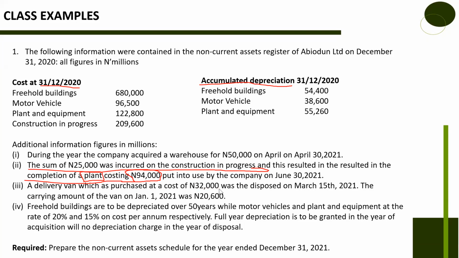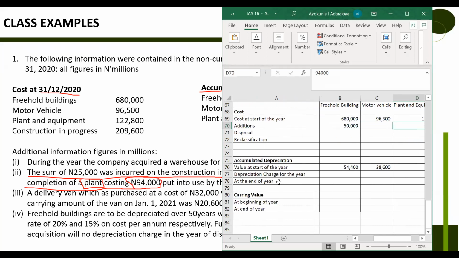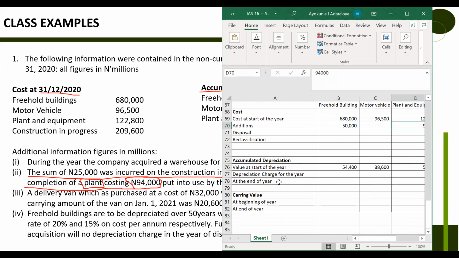If we are given the amount that was disposed of, the only thing it would have done for us is to calculate if it was a gain or loss on the asset. So we don't need that information to do our asset schedule. What we just need is the value of the asset in our schedule so that we can remove it. Are you with me?